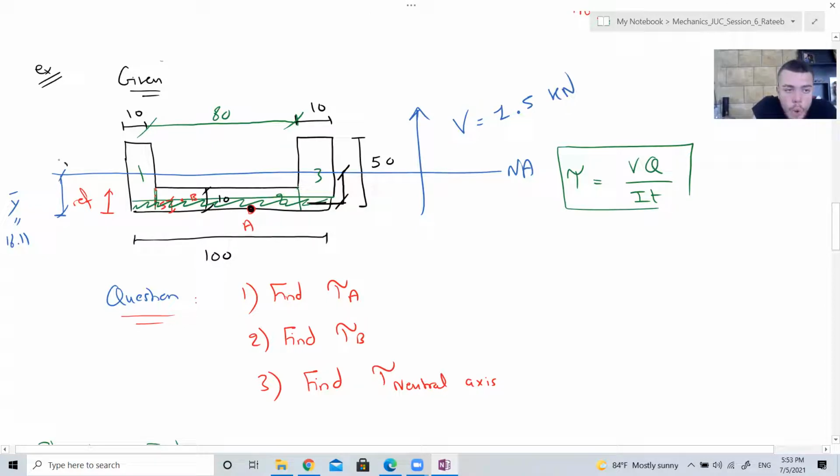So it's going to be y bar minus the centroid of the green area. Where is the centroid of the green area located from the bottom, from the reference?